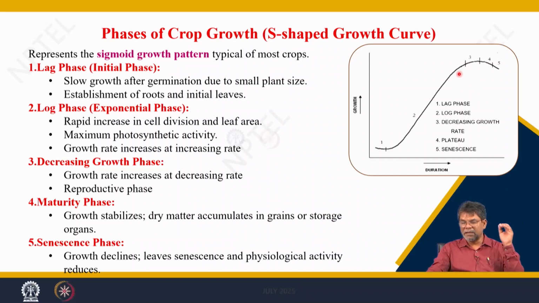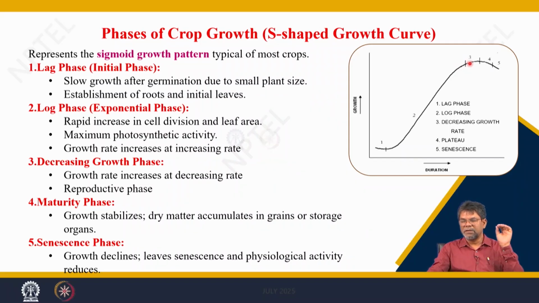After the end of the log phase, we say there is a decreasing growth rate. Decreasing growth rate means there is increased biomass, but the growth rate increases at a decreasing rate. That means, suppose at the peak growth phase you have a growth rate of 30 grams per meter square.